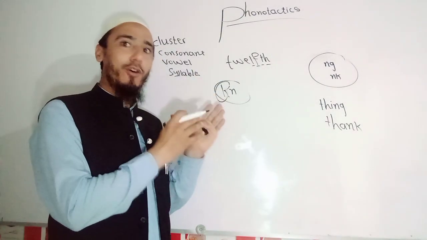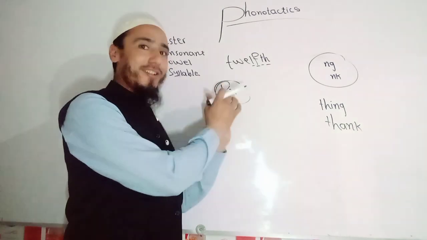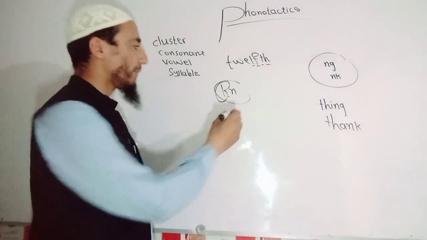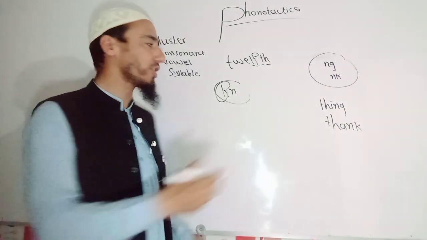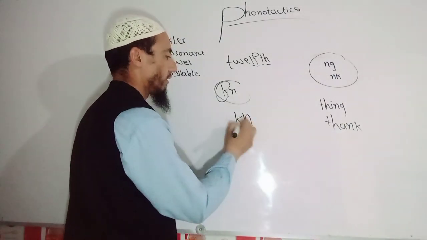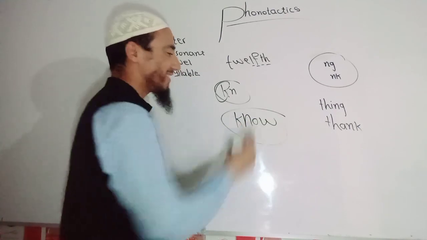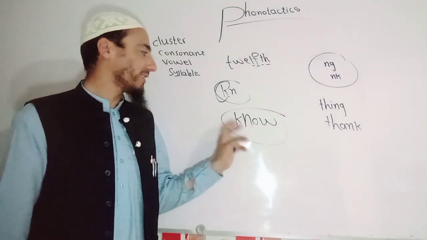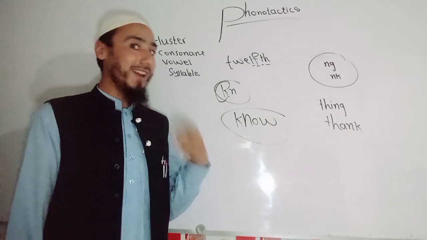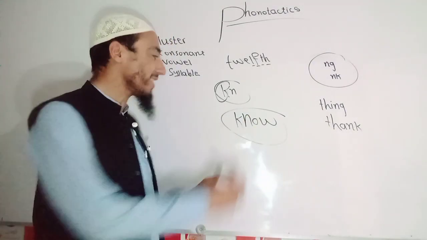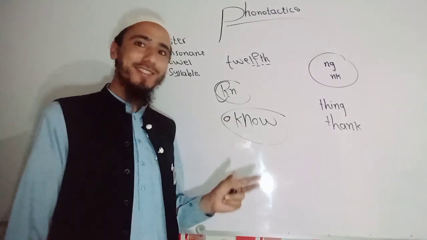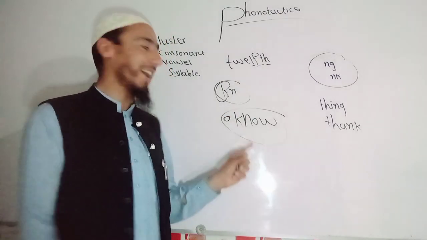In Old English, these are not added. For example, even in modern English, we say no. The K sound is not pronounced, even with the word knowledge. But when it starts with a vowel sound, then it is pronounced, like acknowledge.